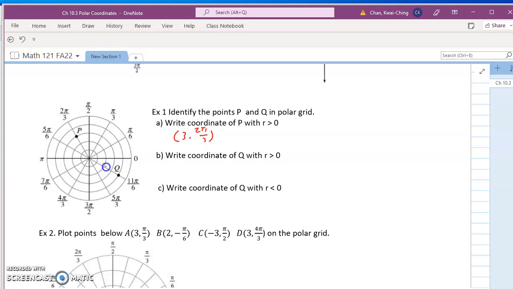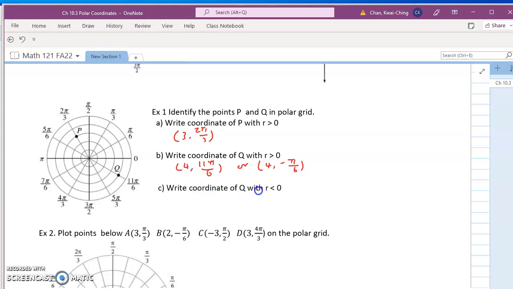How far away is it? 1, 2, 3, 4. 4 from the pole. And what's the angle from the polar axis? I can say 11 pi over 6, positive 11 pi over 6, or I can say 4, negative pi over 6 also. Both are the same thing, right? Because just the angle is opposite.